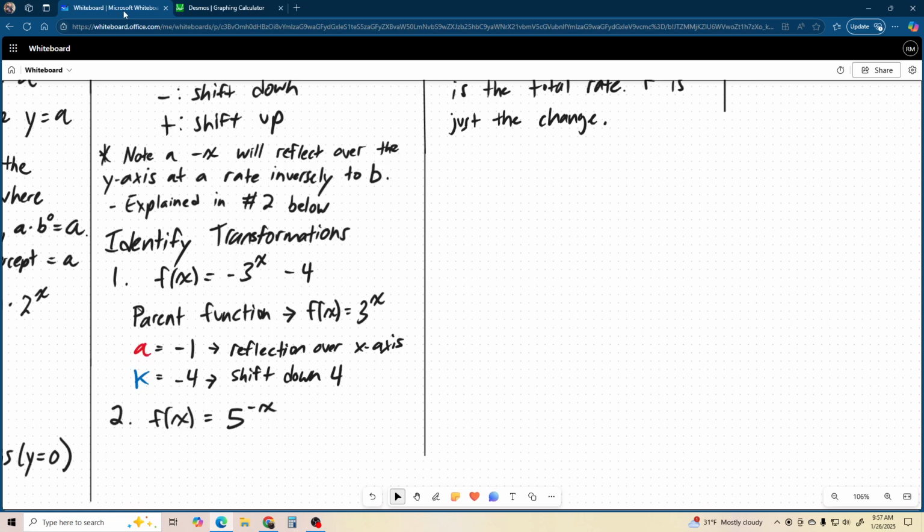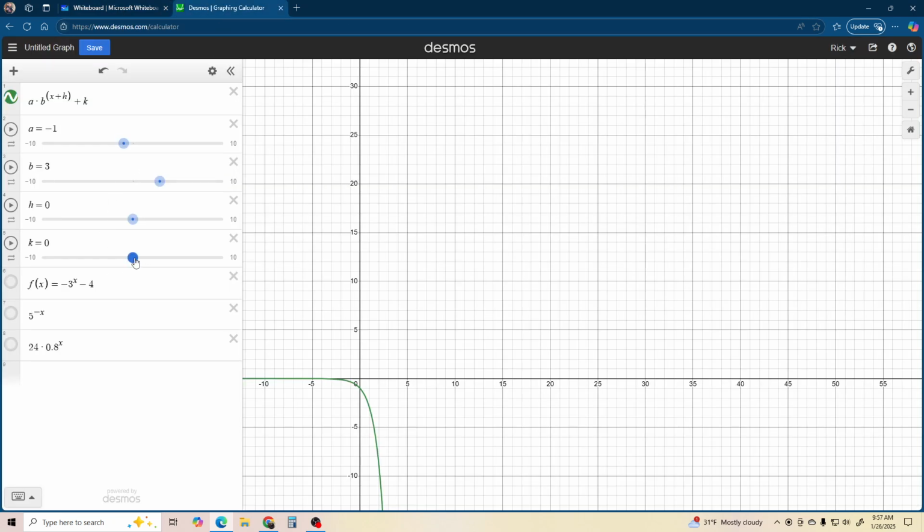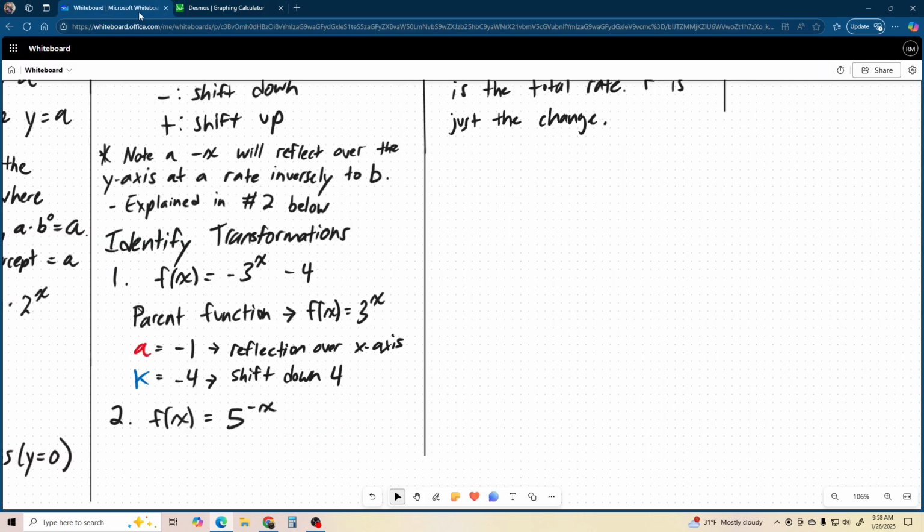And then we also said that because k equals -4, it's going to shift it down. So let's make k -4. And that's what it did. We physically saw it go down. If it's up here and it goes down, k equals -4 shifts it down. So we talked about it, and then we did an example just to show you.